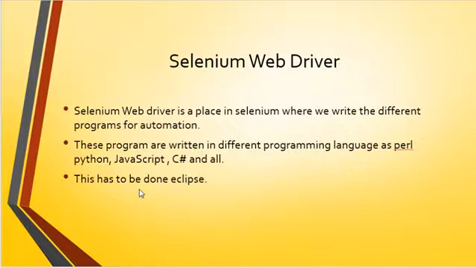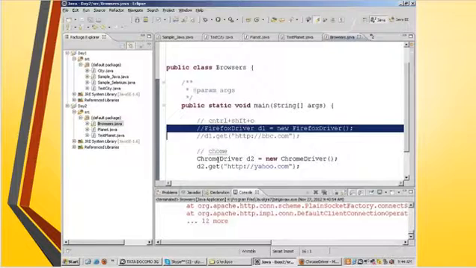Okay, so to give you a clear idea about this WebDriver, let me show you how exactly your WebDriver works. This is how exactly it looks like. This is your Eclipse. These are your packages where you can create your project package and class.